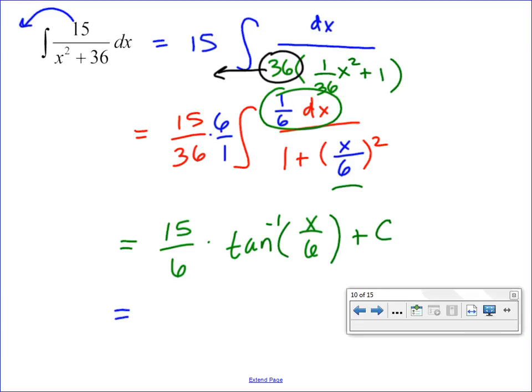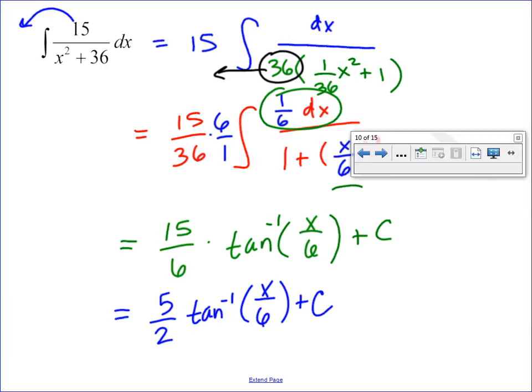This in turn equals, divide out a 3, so I get 5 halves, is that right? 5 halves? Inverse tangent of x over 6 plus c, and there's no way I'm boxing that until I check it.